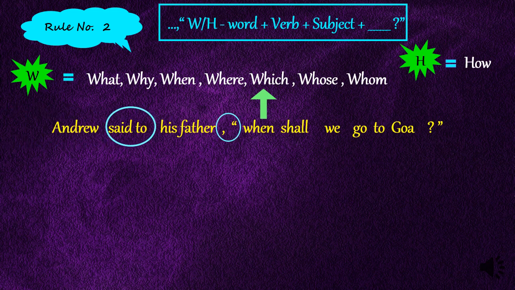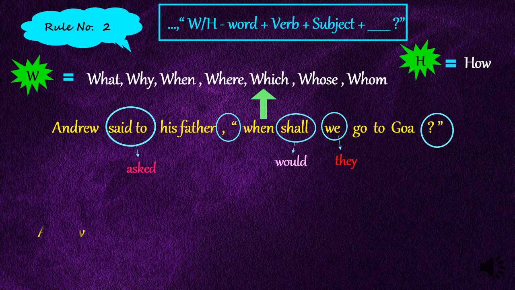Said to, comma, open quotes, question mark, close quotes. Shall has to be changed and we also has to be changed when you need to convert it to indirect speech. So said to becomes asked, shall becomes would, and we becomes they. Answer is Andrew asked his father.